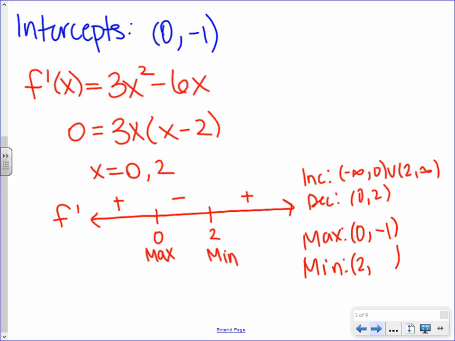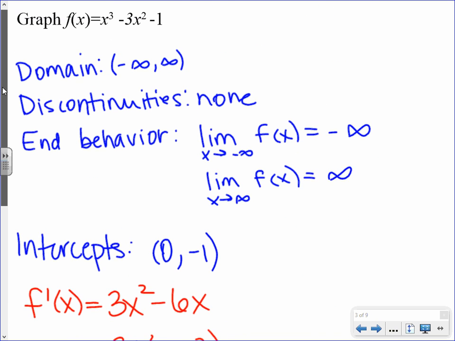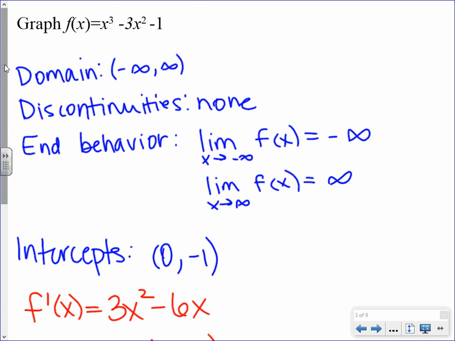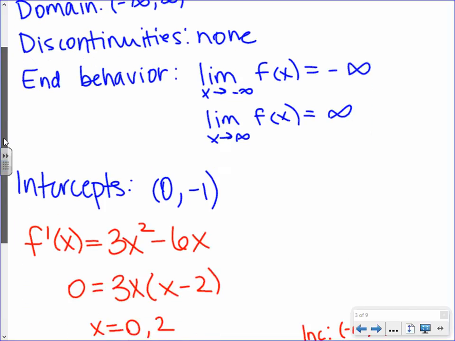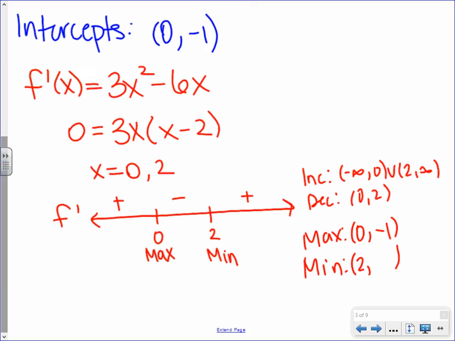What is 2 cubed? Oh, I totally did that one. -5. -5. There it is. Okay. So we know that these two coordinates right here, we can plot, and that's where a graph has to switch directions following this information here.